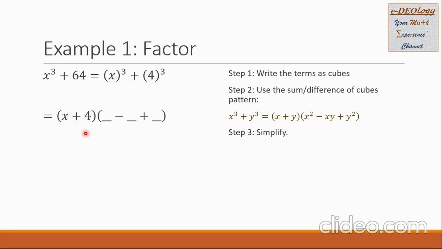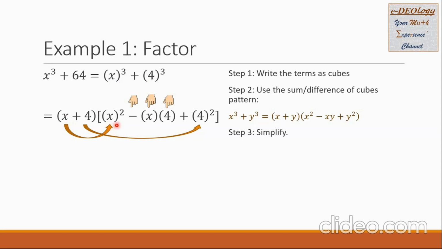So our binomial is x plus 4. For the trinomial, the first blank is the square of this x. So I write here the square of x. The last term is the square of the number 4, or the second term of the binomial.